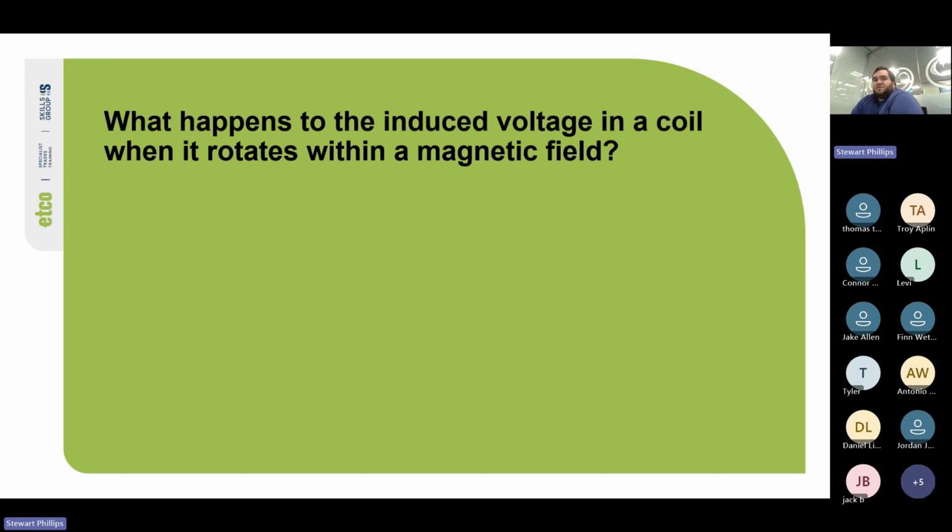Cool. So, what happens to the induced voltage in a coil when it rotates within a magnetic field?